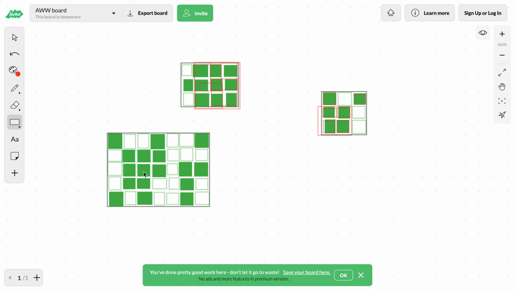We can form a square here, and here as well, and a square of size 2 here as well, and we cannot form any other square of size 2. So 17 plus 3, 20, and we cannot form any other square with bigger size where all the cells are filled.